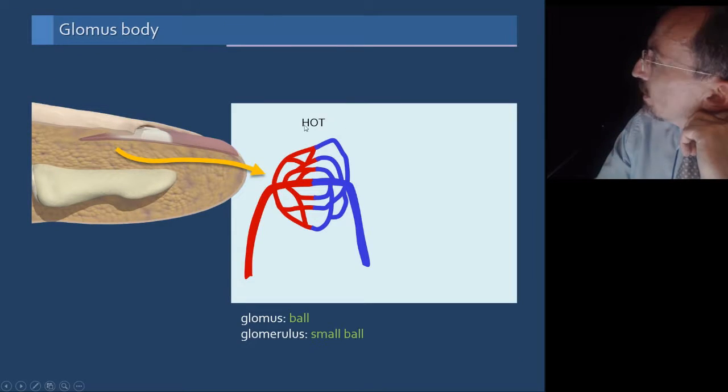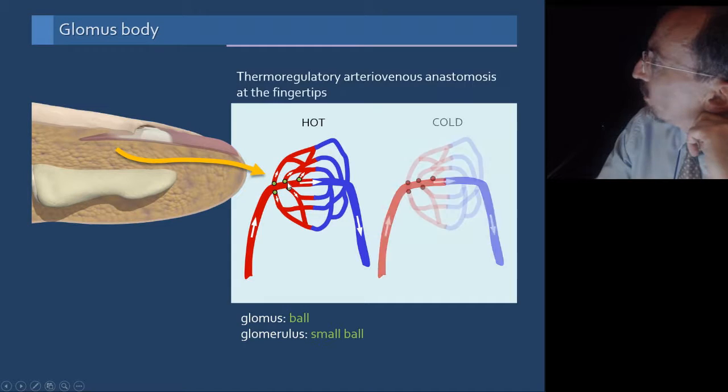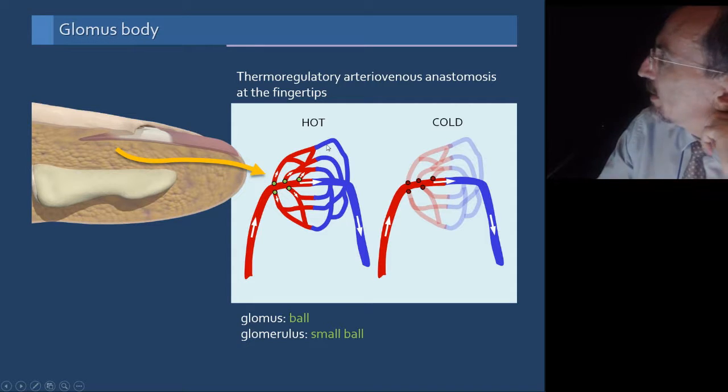And this is how the glomus body actually functions. As you know, they are actually thermoregulators of these arteriovenous anastomosis at the fingertips. They close the anastomosis during cold times, and when it is hot, they would actually allow the anastomosis to operate, kind of acting like a thermoregulator.